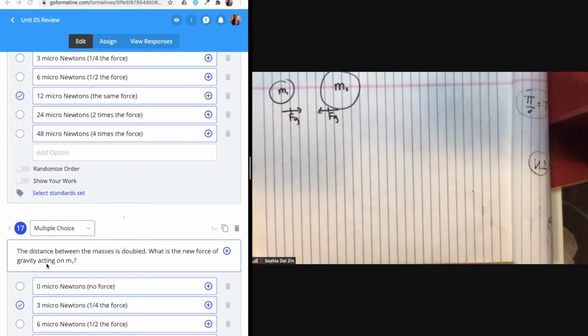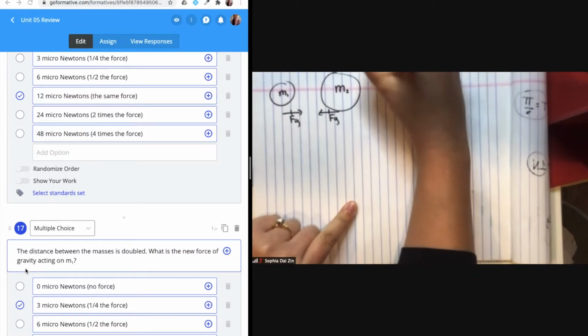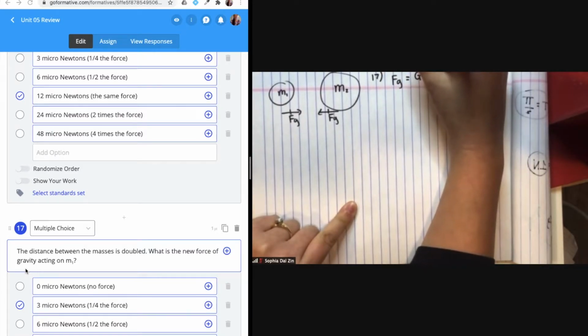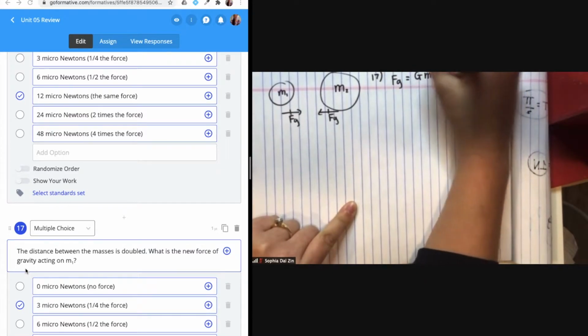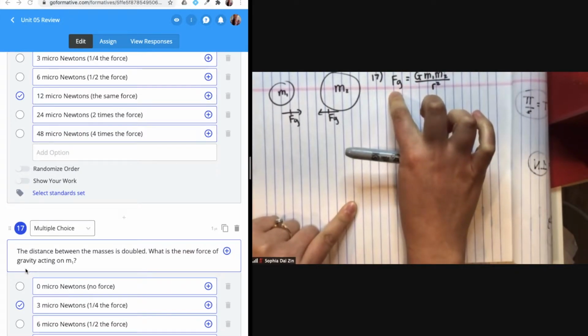Now it says, if the distance between the masses is doubled, what is the new force of gravity? This is a proportions problem with gravity. Let's take our gravitational attraction equation, that m1 times m2 over r squared is equal to the force.